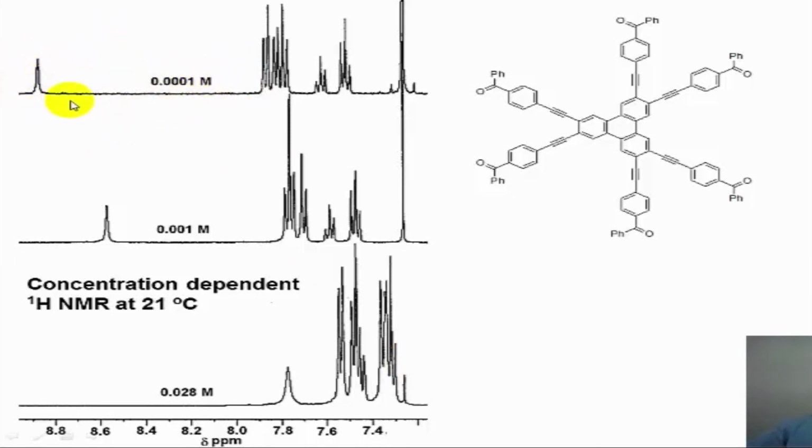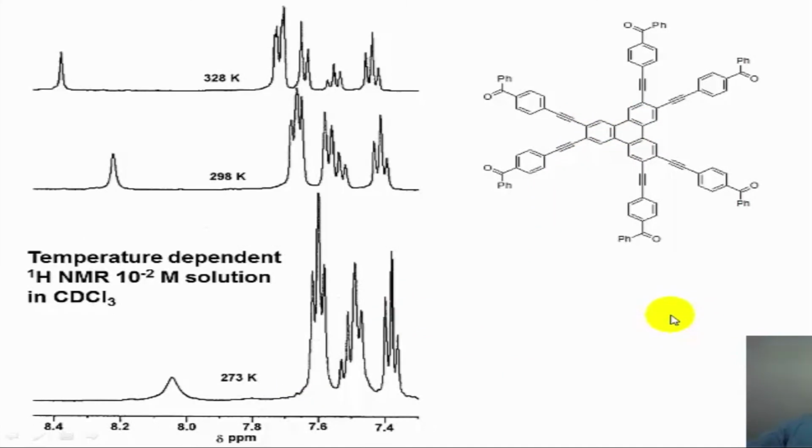In other words, this is close to the monomer kind of system, the hydrogen delta value, whereas this is close to the dimer kind of system, corresponding to the delta value of the dimer for the triphenylene hydrogens of this particular molecule. This is a temperature dependent spectrum. This is 273 K and this is about 328 K. As you increase the temperature, dissociation should be more and more facile.